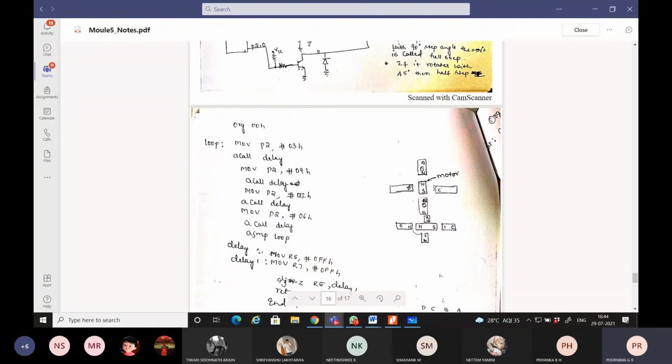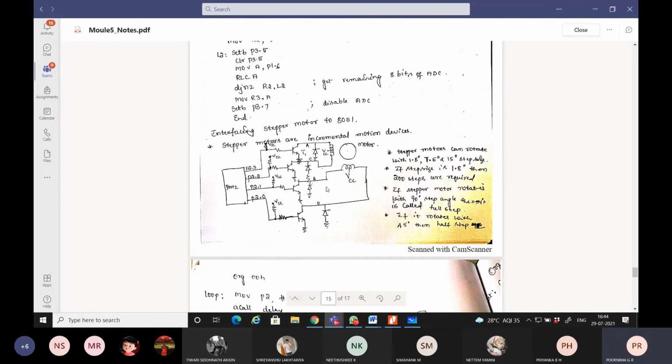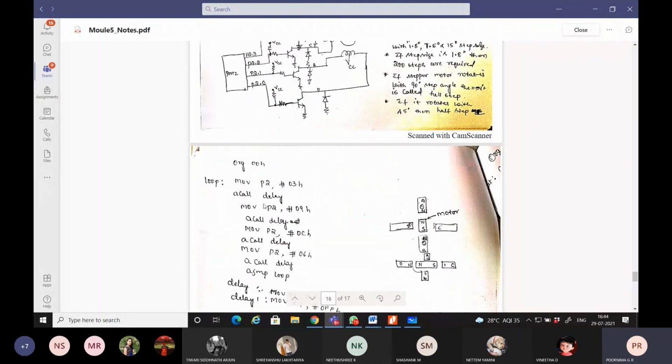Students, here is the program to rotate the stepper motor either in the positive direction or in the negative direction. The energizing coil code you need to send, you send through port 2, as port 2 pins are connected to the stepper motor. So move P2, 03, then call a small delay.